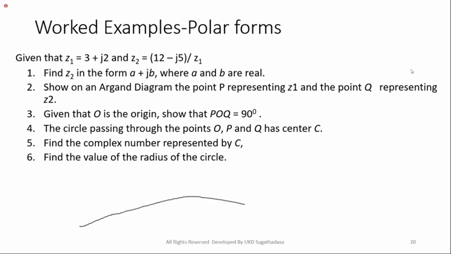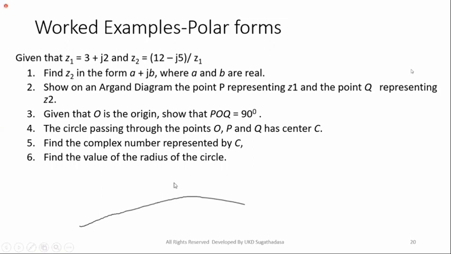Plot the 2 points, right? Not difficult, because one point is (3, 2), the other one is (2, minus 3). Already done. Given that O is the origin, show that angle OPQ is 90 degrees. That's the one part you have to show. I'll go to the next slide now.